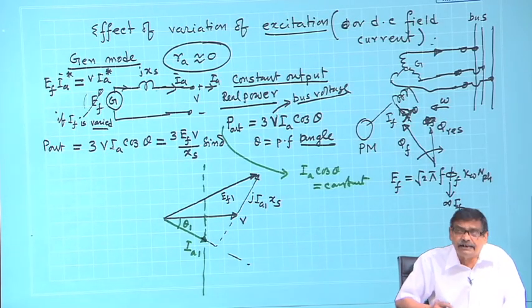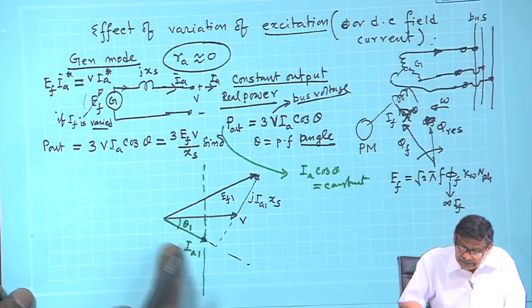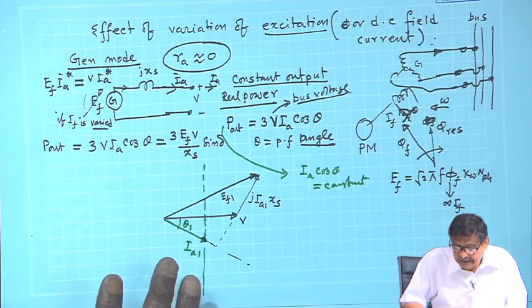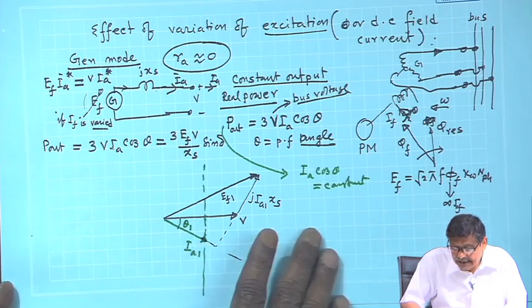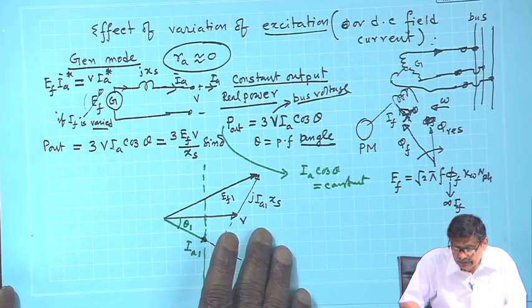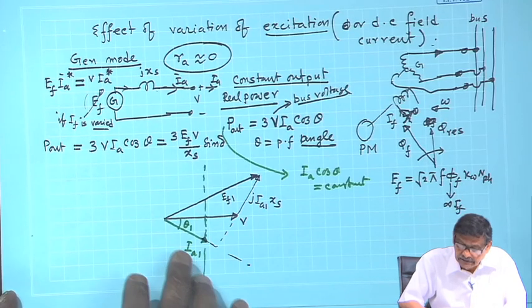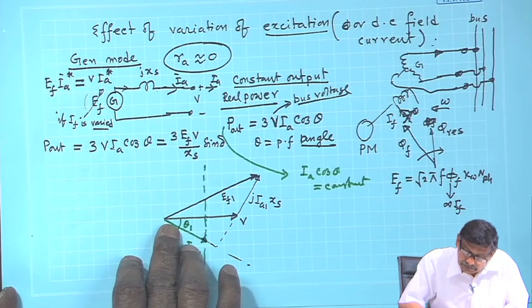At some field current I f 1, I found that the machine is operating as a generator, supplying a lagging power factor load, delivering a current of I a 1 at a power factor angle of theta 1.